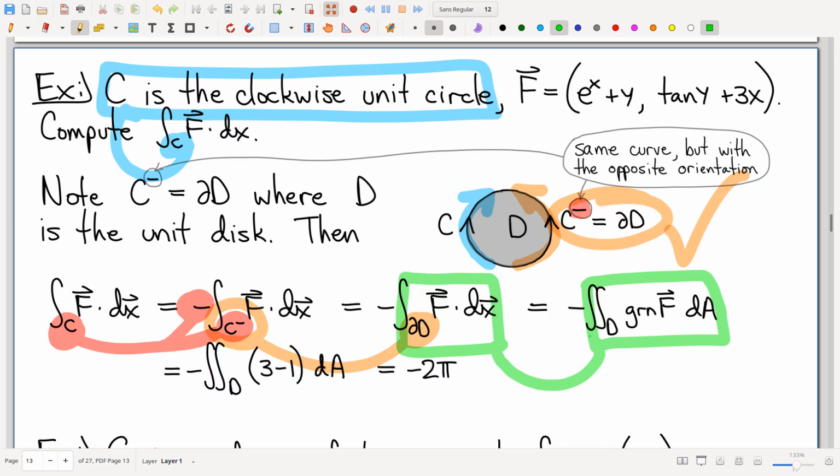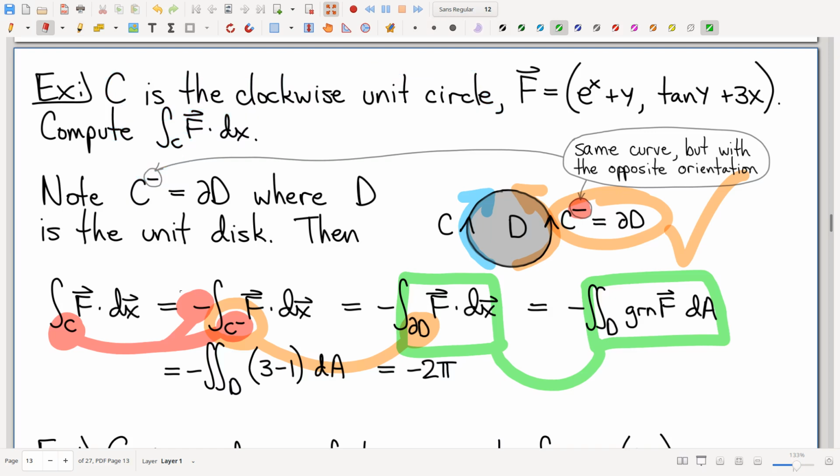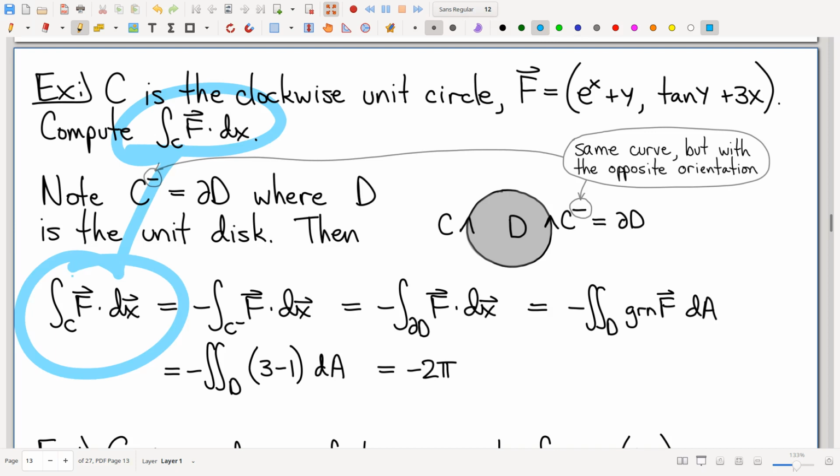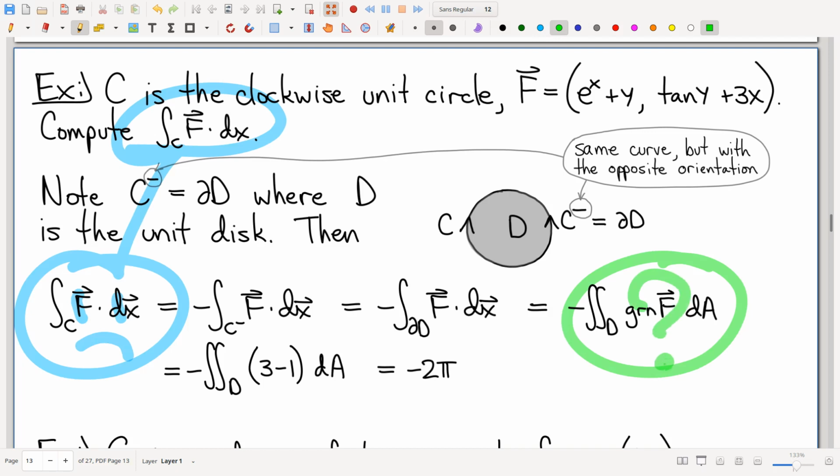Okay. All right. Now, we're not done. What we've done at this point is we've turned a question that I didn't know how to do into another question that I'm not sure if I know how to do. So don't think of Green's theorem and the other related theorems that we're going to talk about in this next couple of chapters as being magic wands that just make answers pop out.